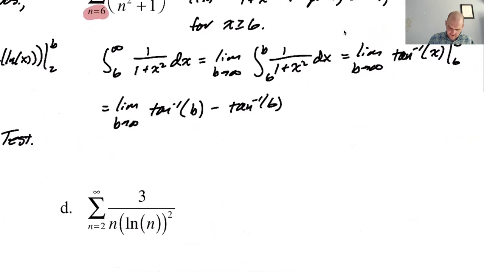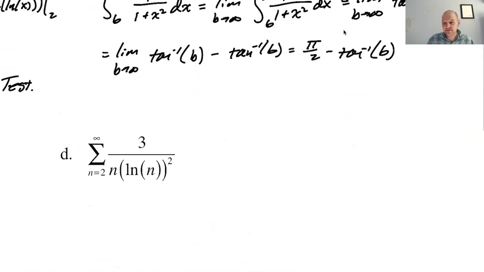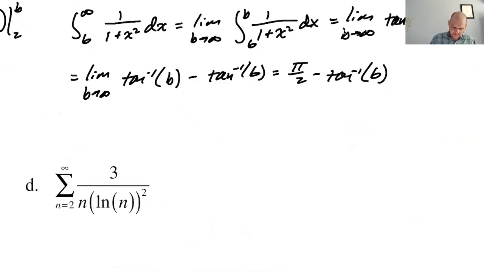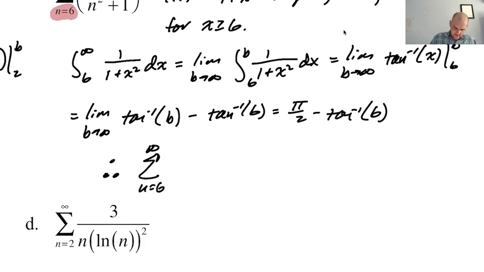So this is going to be equal to pi over 2 minus the arctan of 6, which converges, right? Because that's a finite number. So since this is a finite number, we can say, therefore, the sum from 6 to infinity of 1 over n squared plus 1 converges by integral test.